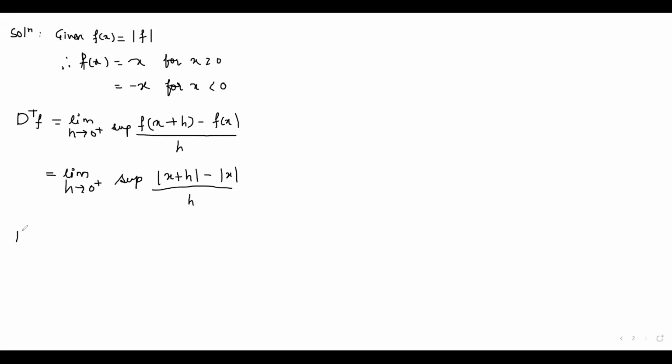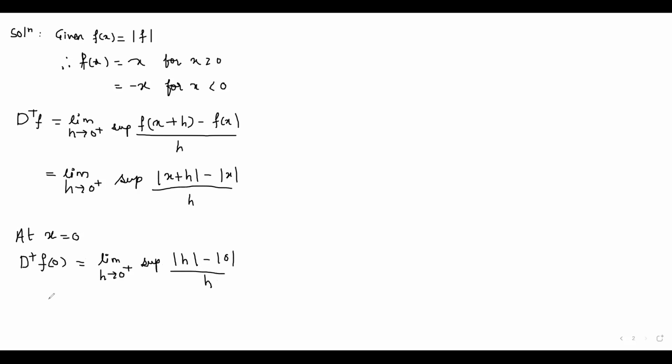So now at x equals 0, this upper right derivative of f at x equals 0 is equal to limit h tends to 0 plus supremum of (mod of h minus mod of 0) upon h.